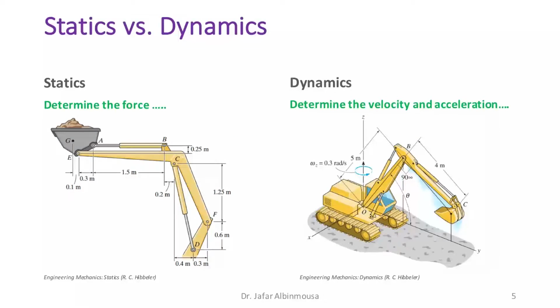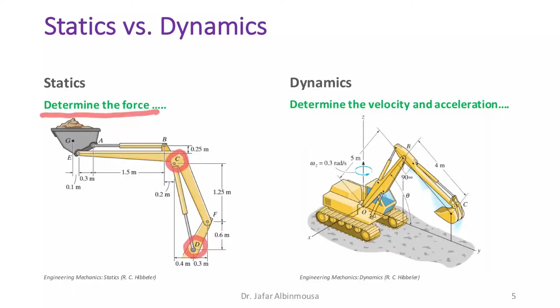Now, if you look at this example, if this were a statics problem, then you would be asked to determine the forces acting at a certain point, like, for example, joint D or C. So you will be asked to find the reaction, the forces acting on that point.